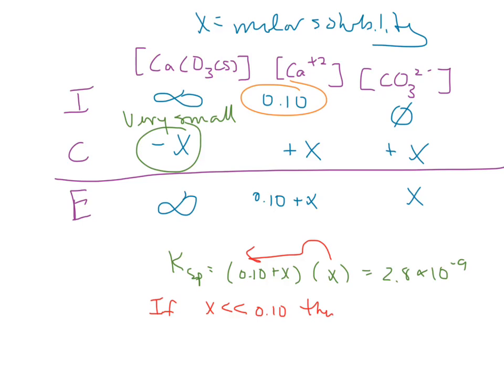Then this quantity, 0.10 plus X, basically you can ignore the X, and so that quantity is equal to 0.10. That's called the simplifying assumption.